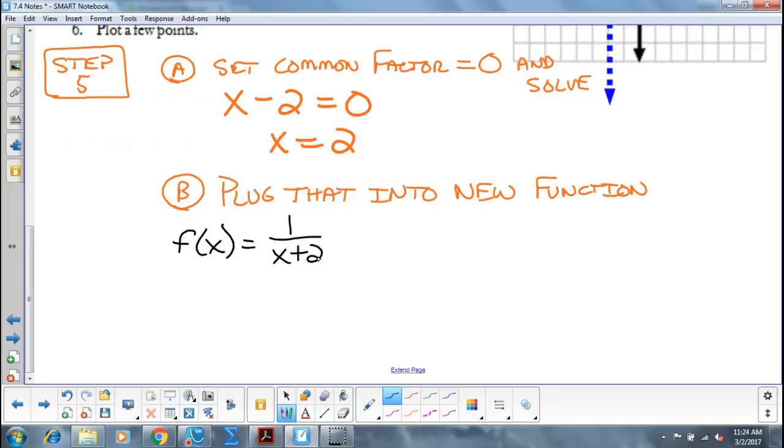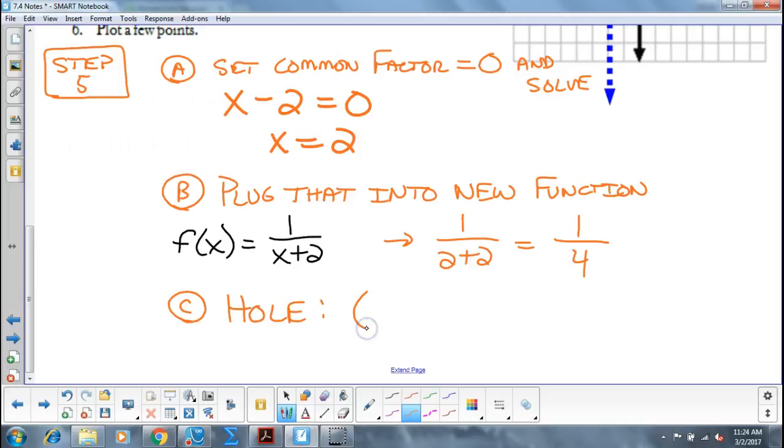So if I plug 2 into that, that would become 1 over 2 plus 2, and that's going to be 1/4. So the hole of my function is at the point (2, 1/4).